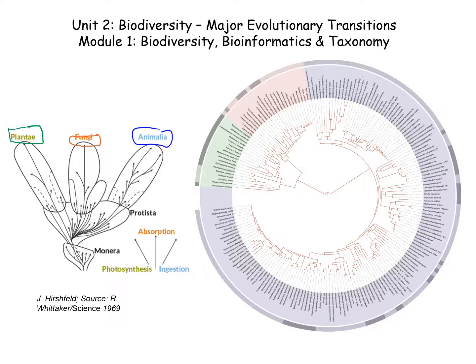On the right side, we have a tree of life. This is a very large phylogenetic tree, and you can see most of it is dominated by microbes. So the bacteria, the archaea, those two domains we've discussed before, are made up of prokaryotic type cells. And then we've got plants and animals.